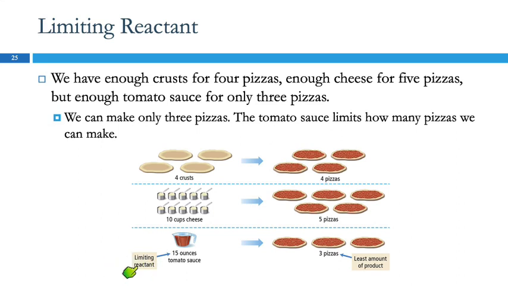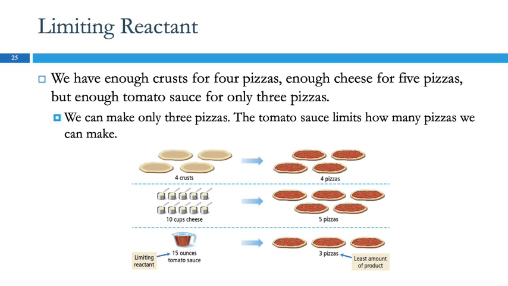And so whatever we run out of is our limiting reactant, because it limits how much stuff we can make. If we had more of this, we could make another pizza, but we don't. So this is the limiting reactant, and the least amount of product would be considered the yield. How many pizzas did you get?